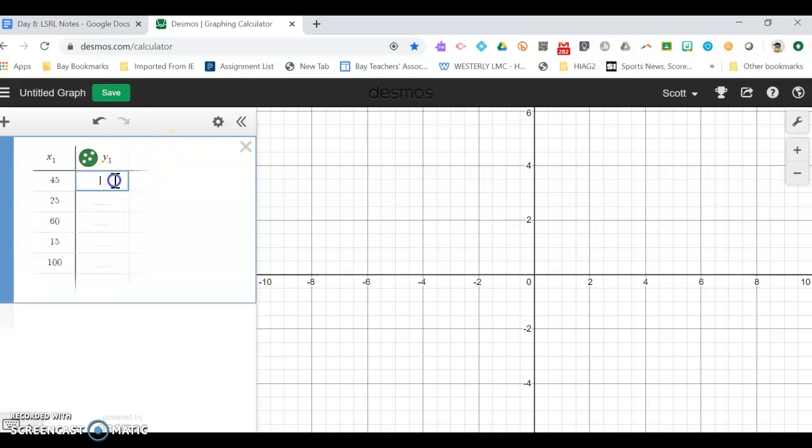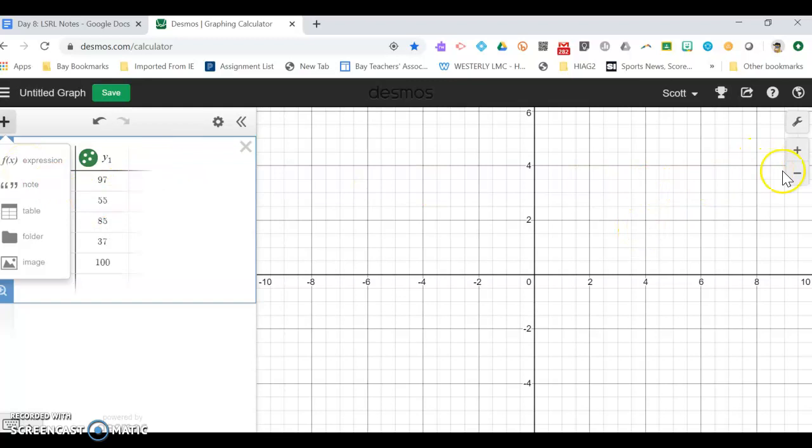And then I'm going to put the Y values. Okay. So after we do that, the next thing we're going to do is try to determine what the equation is for this.